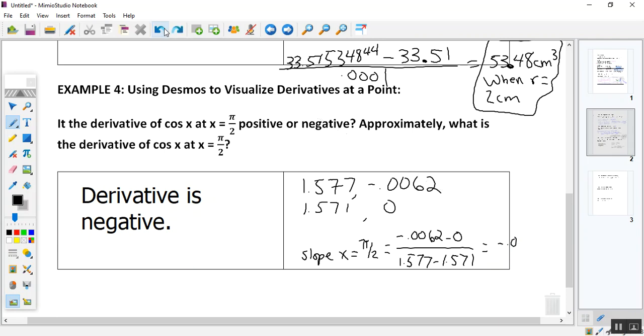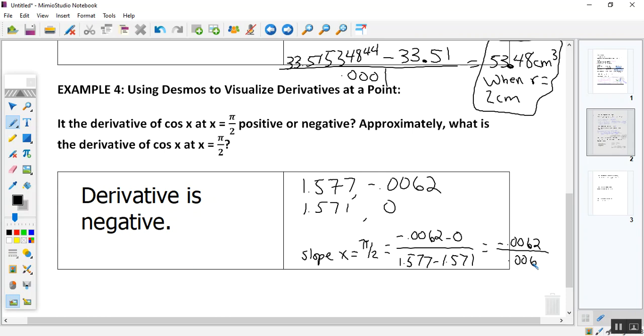What's going on here? All over, is this 0.006, is that right, guys? Anybody want to divide that out for me? Tell me what you're really close to. So negative 1.03-ish, okay?